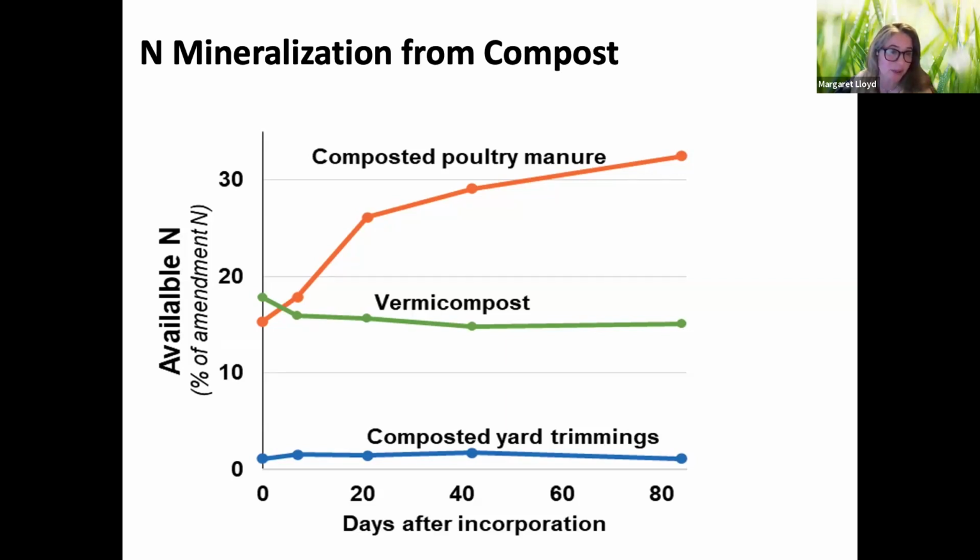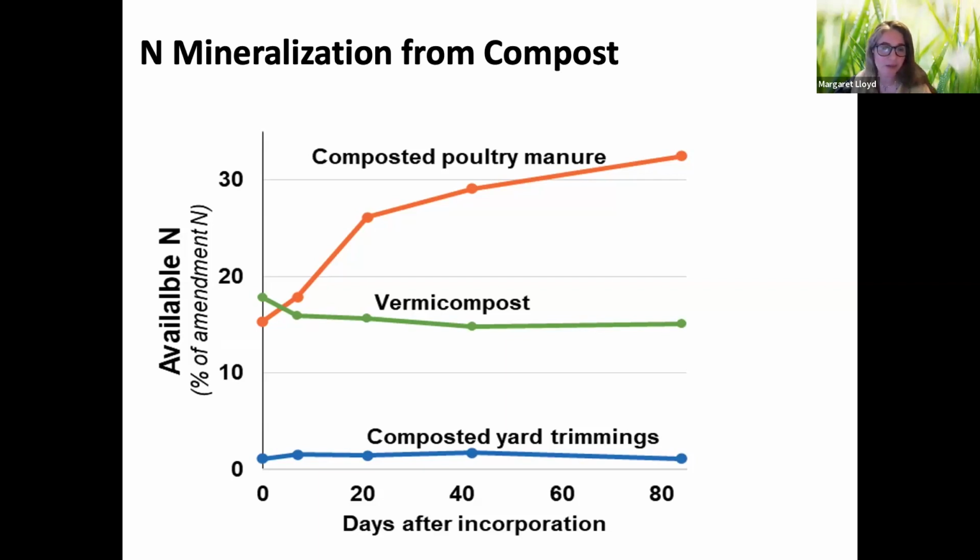There's a steeper curve in those first 20 days, and then it begins to flatten out between 40 and 80 days. So by the end of a 3-month or a summer season, 90 days, we have estimated about 35% of all the nitrogen that's in composted poultry manure to become available.